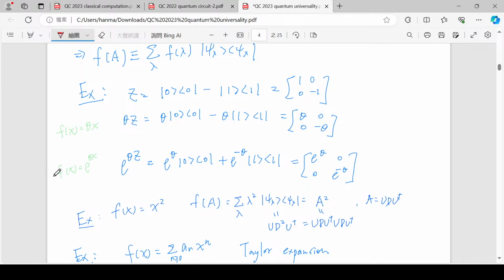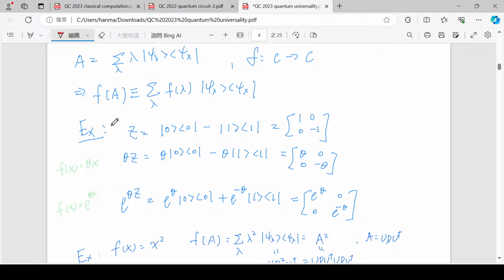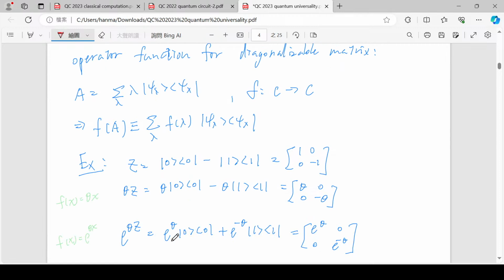Then we can define a real cool function now. Our function is an exponentiating function, so your f of x is e to the theta x. Then we can define this exponentiation of a matrix. Now things get interesting. What's the exponentiation of the matrix? By our definition, it's just exponentiating the eigenvalues.